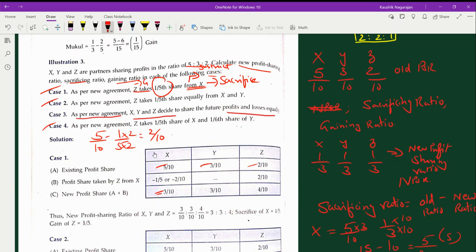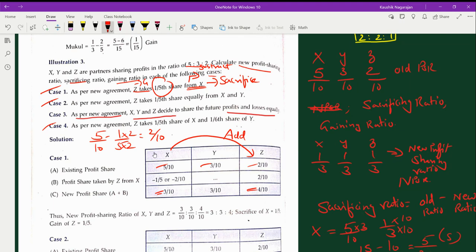Whereas for the partner Y, there is no change that takes place, nothing is going to affect partner Y. So you're just going to put a hyphen. And for partner Z, it is going to be an add-on, because from X the share goes to Z. So it is getting transferred from X to Y, sorry, from X to Z. So in that case you will have to add 2 by 10 with this 2 by 10, and you will be getting 4 by 10.